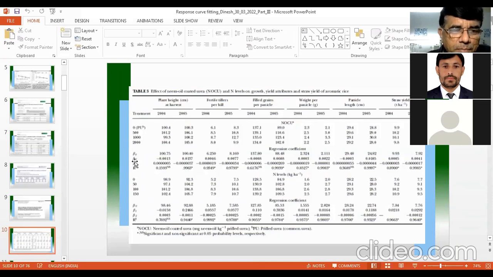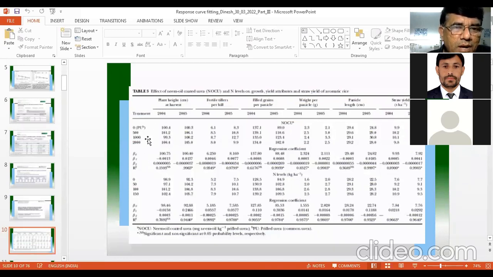Beta 1 is actually B, regression coefficient 1. And then beta 2 is C, regression coefficient number 3. And these two values can be used to compare these treatments. If you want to compare control versus rest, use beta 1.